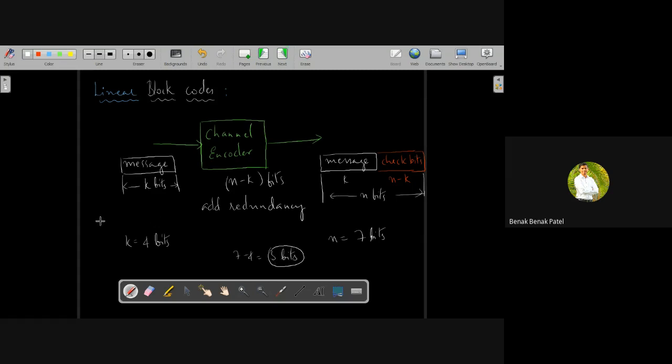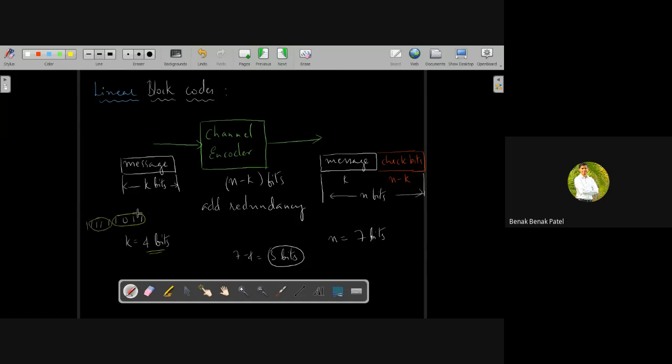Let's say I have continuous strings of ones and zeros. Before I form this block, I'll do grouping. How many bits am I supposed to group? I'm supposed to group 4 bits, then the next 4 bits.